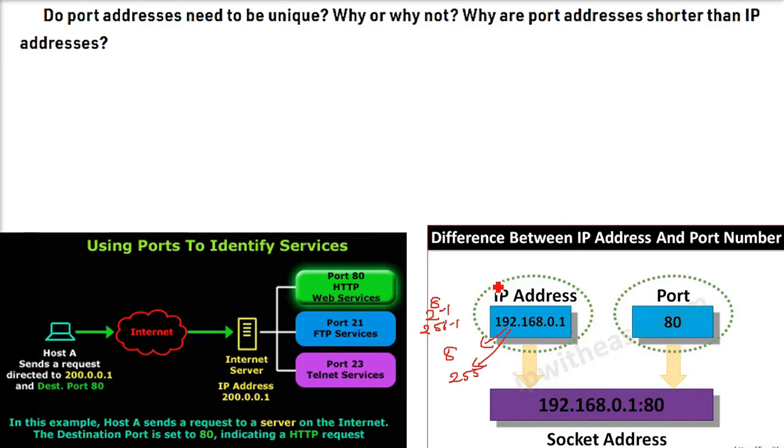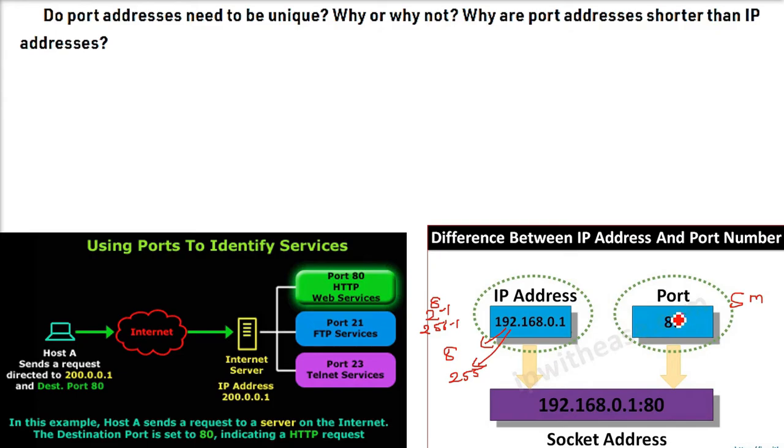Now this has to identify the machine, that is a host on the internet, on a communication network. This is the internet protocol address. Now port is a software generated value. This port is for a process.